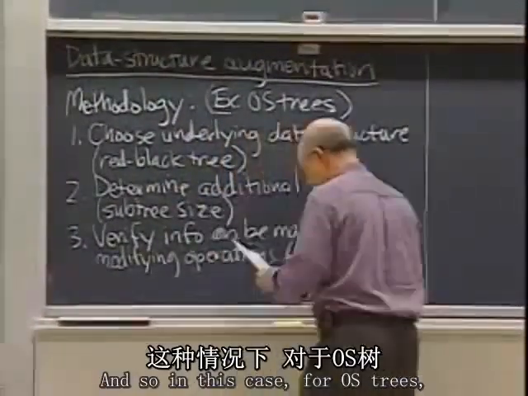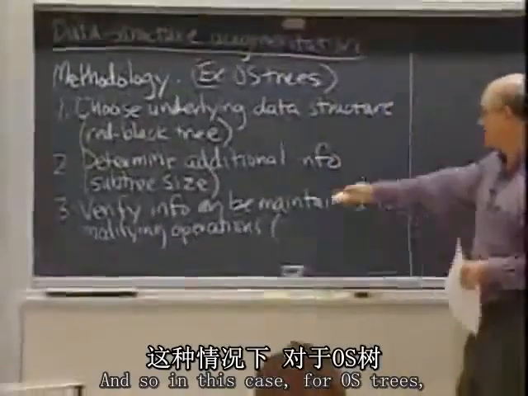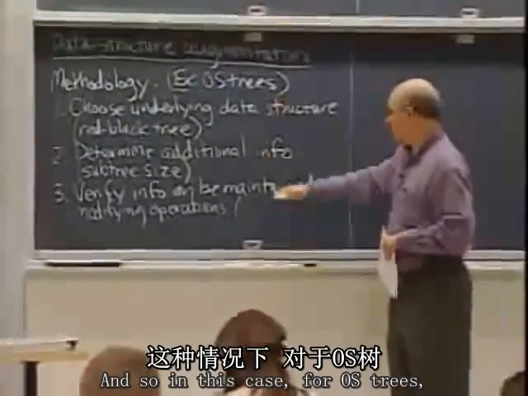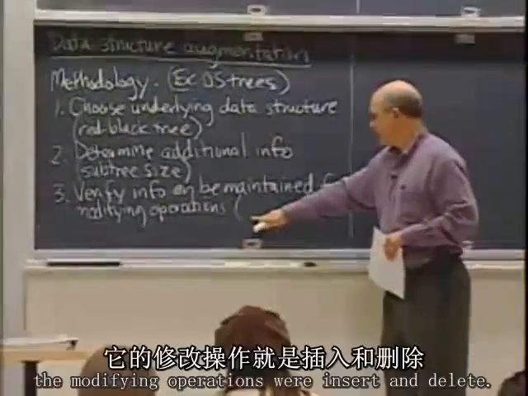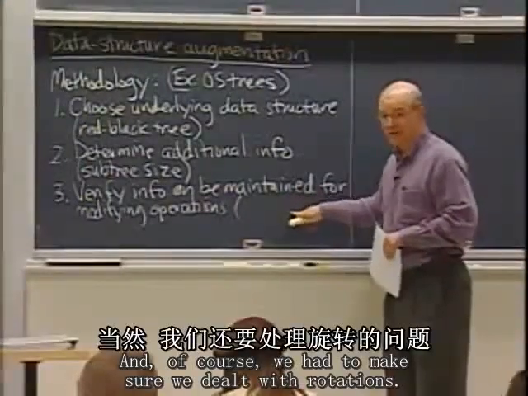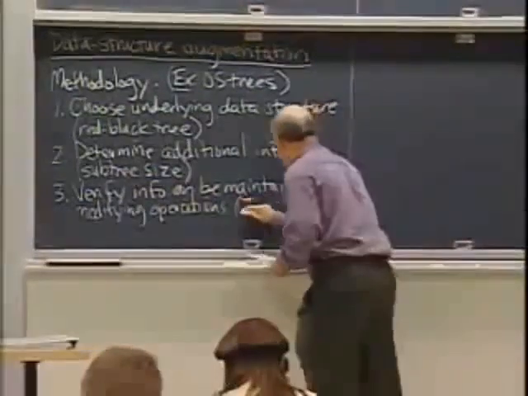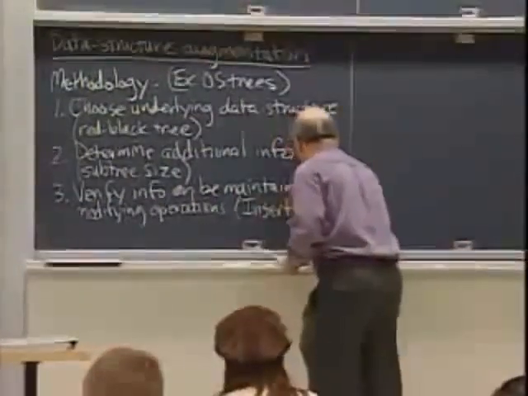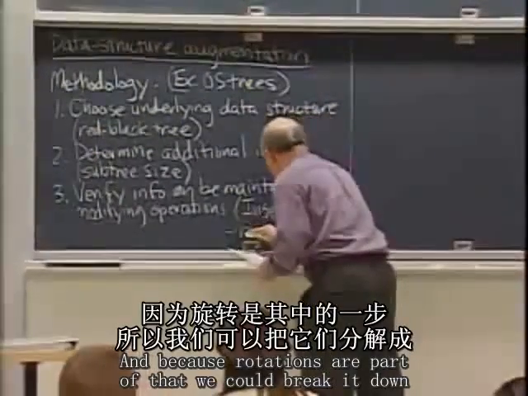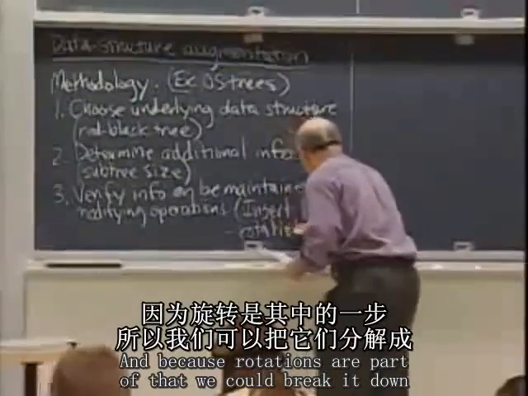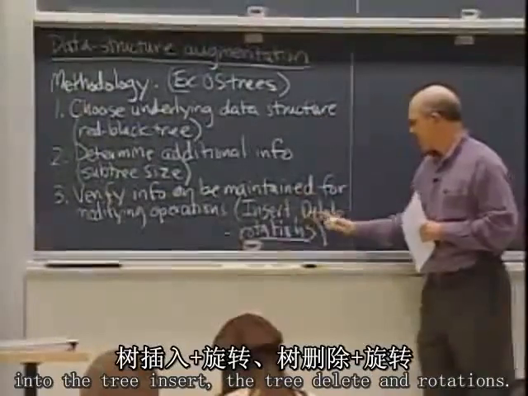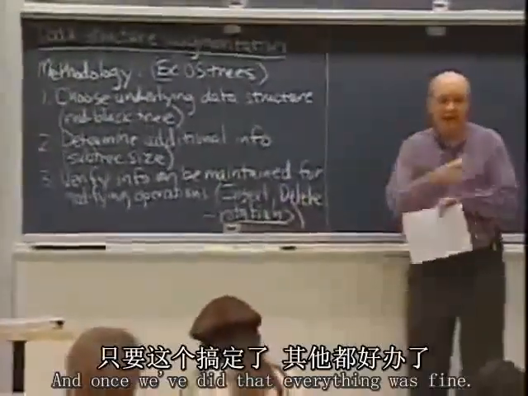Okay, and so in this case for red-black trees, for OS trees, the modifying operations were insert and delete, and of course we had to make sure we dealt with rotations carefully. And because rotations are part of that, we could break it down into the tree insert, the tree delete, and rotations. And once we'd done that, everything was fine.